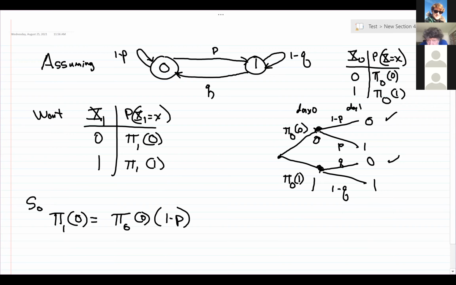That's the chance of going down this path by the multiplication rule. Or you can be broken on day 1 by going down this path. Or means add. That's the sum rule. And this would be pi 0, 1 times q.